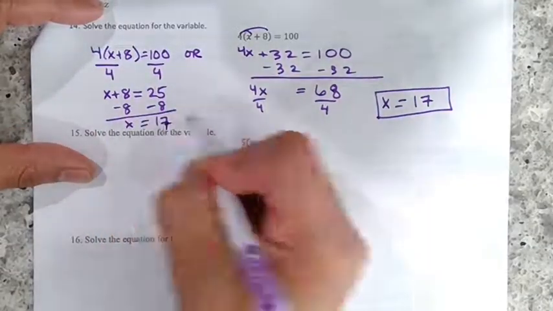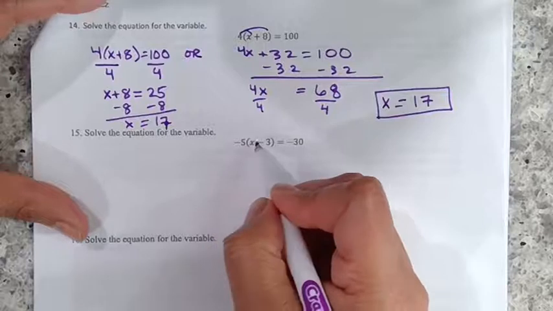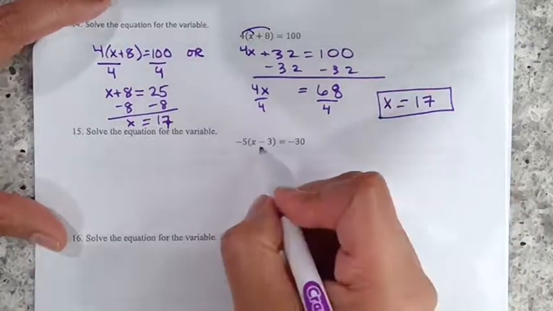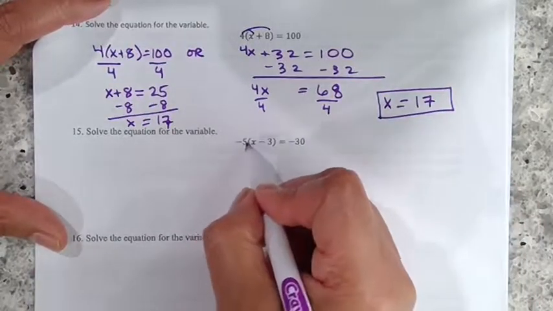Okay. Next one, same thing, distributive property, or you could still divide by 5. I'm just going to go ahead and distribute it.